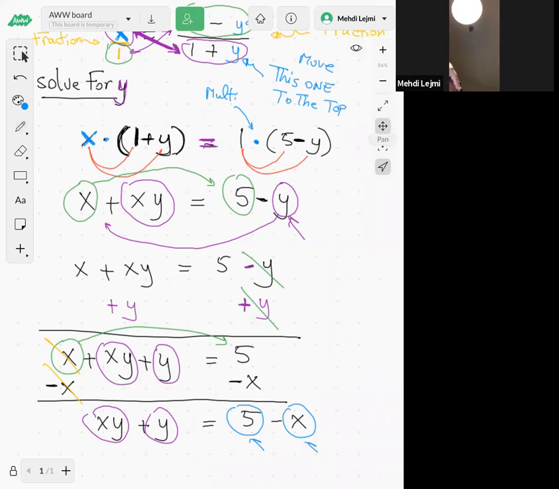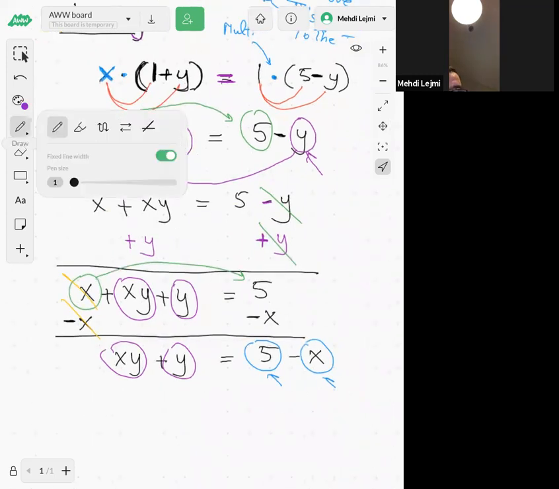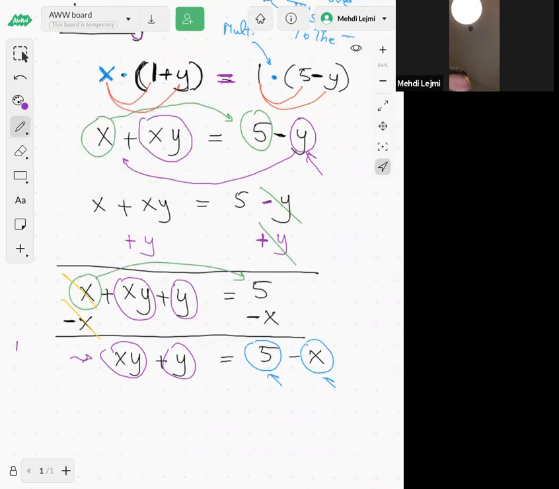That's why I was trying to move all the y's on the same side. So now y is a common factor.